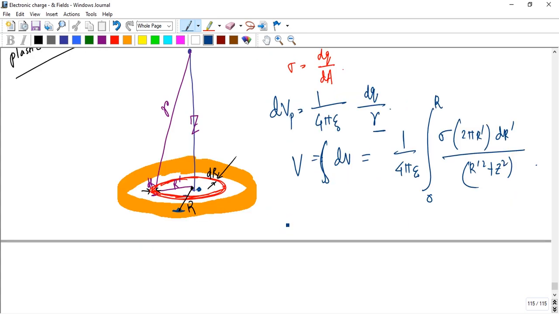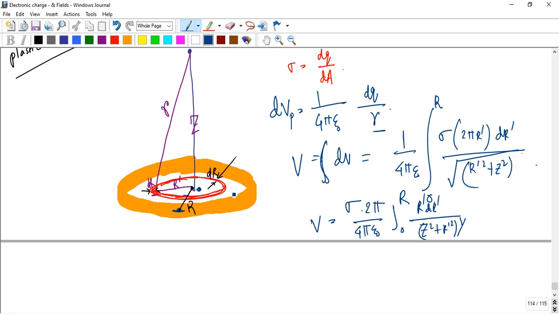Now sigma comes outside: sigma times 2 pi by 4 pi epsilon naught, integral from 0 to R of r dash dr dash over the root of z square plus r dash square, because the hypotenuse square equals base square plus perpendicular square.